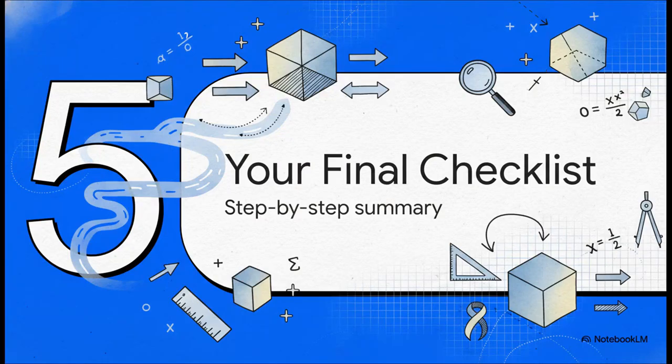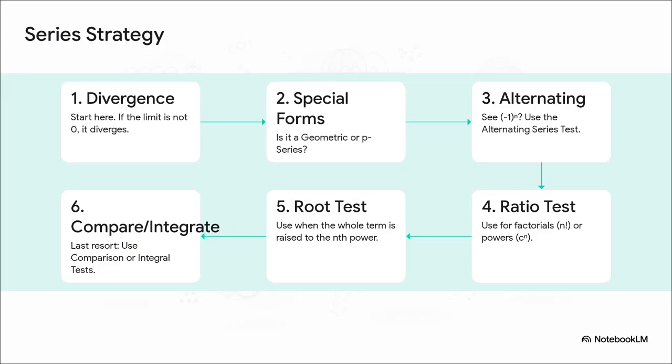All right, we've looked at all the individual tools and the clues that point you to them. Now, let's put it all together into one single clear checklist you can use on any series problem that gets thrown your way. Okay, the most important thing here is to follow this exact order, because it goes from the fastest checks to the most complicated ones. Step 1, always start with a divergence test. If the limit isn't 0, you're done. Step 2, look for those special forms.